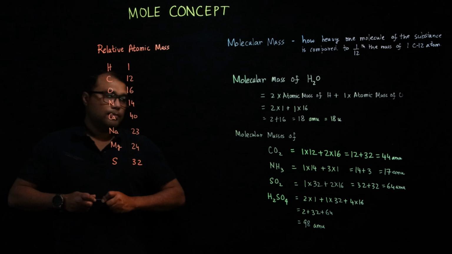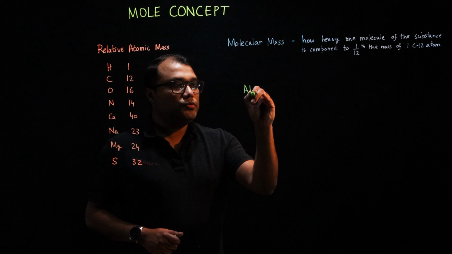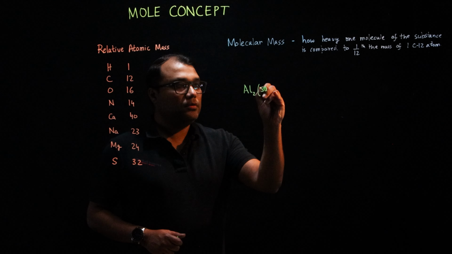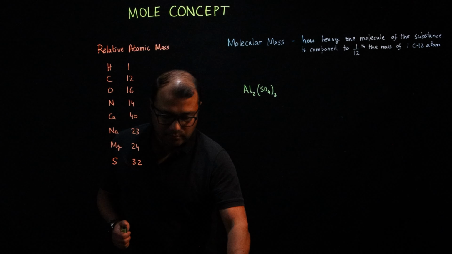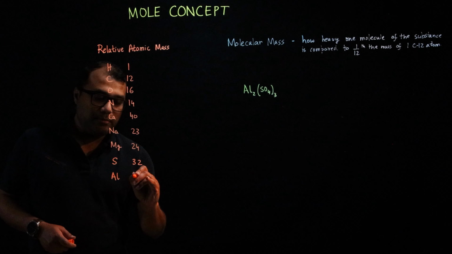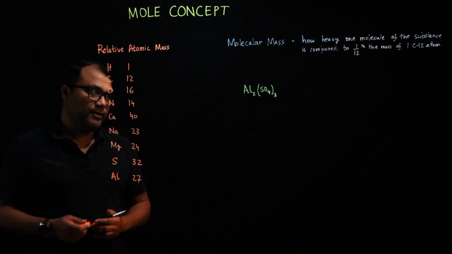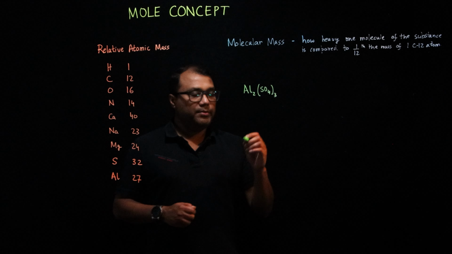Okay, I will give you another example of molecular mass. Let's find the molecular mass of this compound, Al2(SO4)3. Okay, this is aluminum sulfate. Now you will need the atomic mass of aluminum. Let's say the atomic mass of aluminum is 27. Now here you'll have to be a little bit careful.